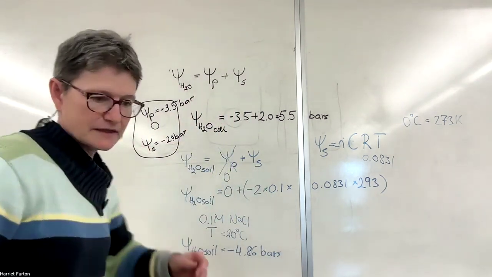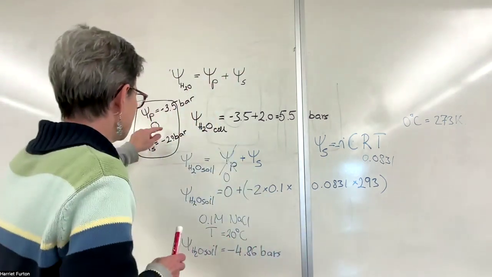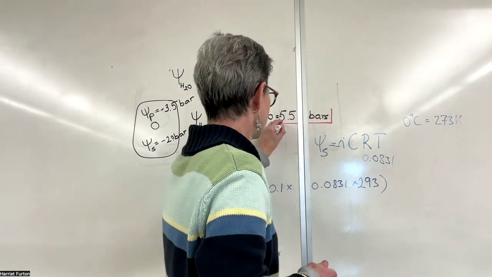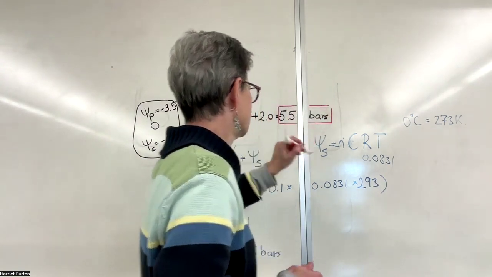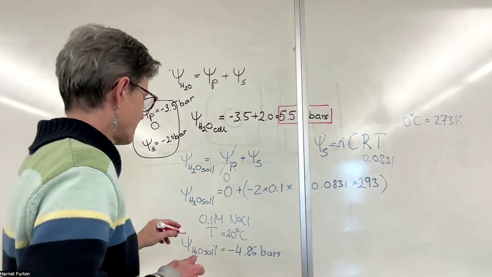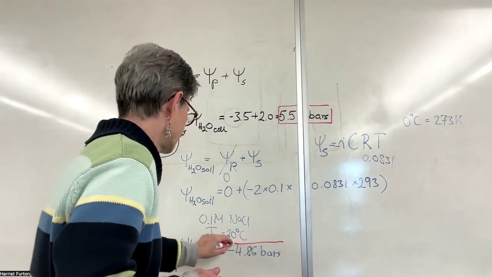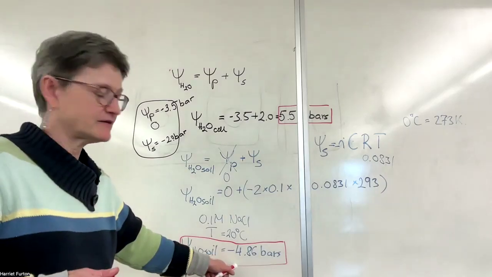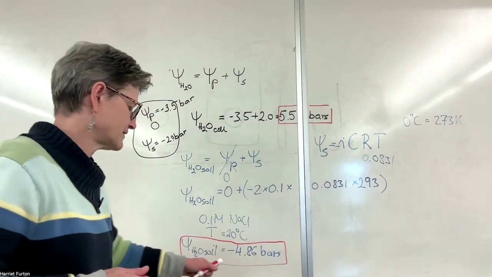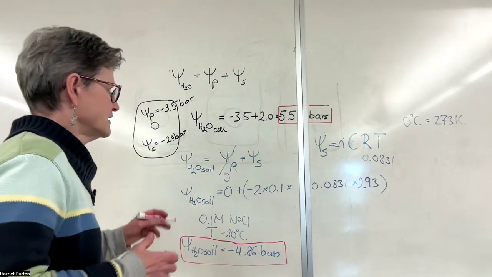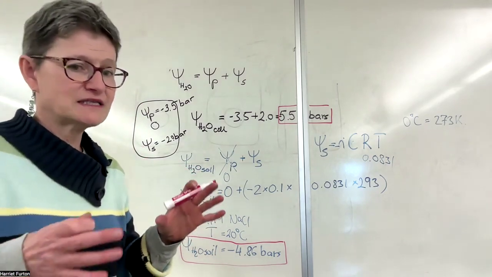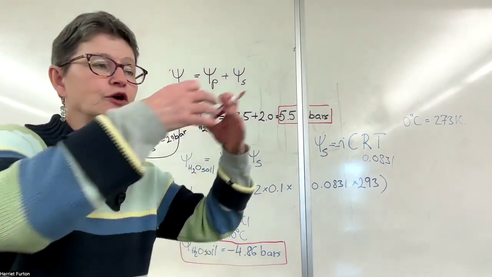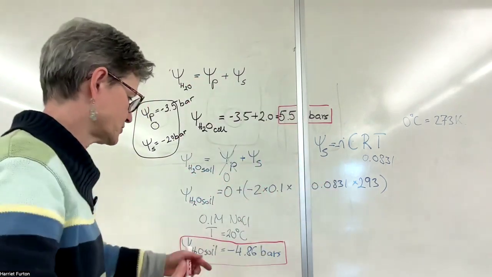So the application comes here. The cell's water potential is minus 5.5, and the soil's water potential is minus 4.86. The water always moves from high water potential to low water potential.